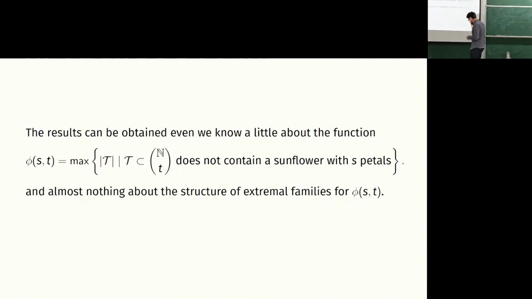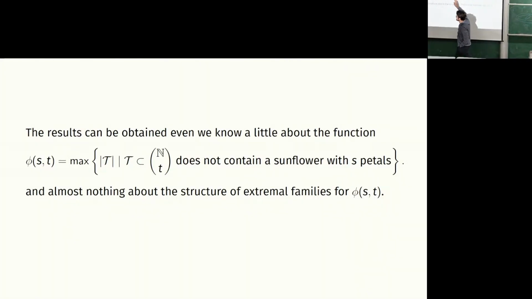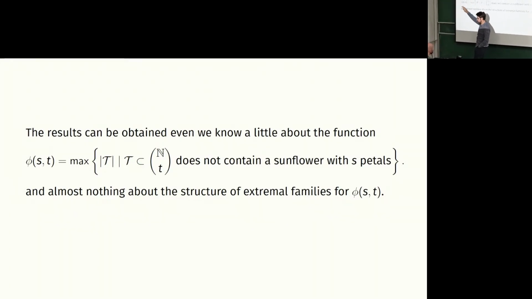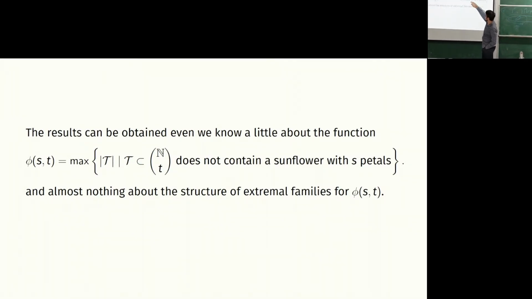But let me point out the following. These results can be obtained even if we know little about this function phi S T. We know some bounds. I'm sure you know the recent, not very recent, result of Alweiss, Lovett, Wu and Zhang and its refinements that bound phi S T above.